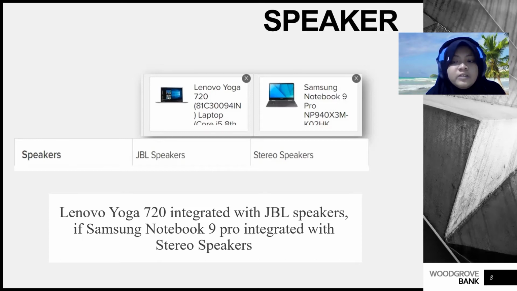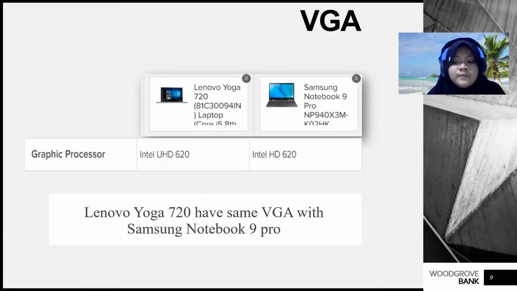Even though they have different speakers, as I see on the internet, GPL speaker is as good as stereo speaker. So we can say that Lenovo Yoga 720 speaker is as good as Samsung Notebook 9 Pro speaker.